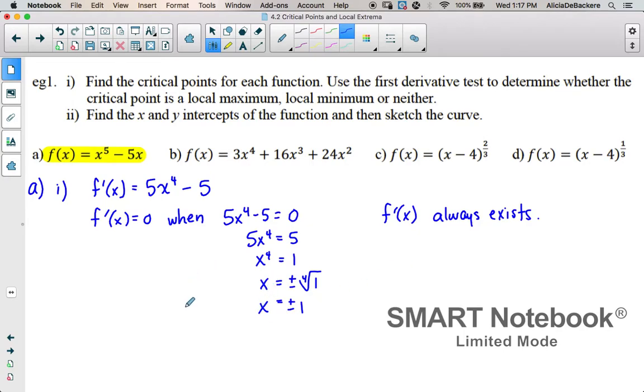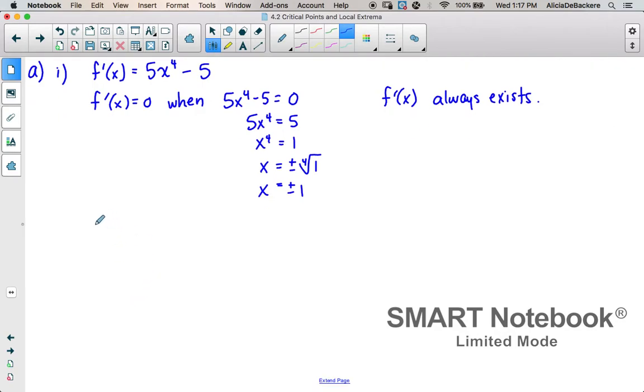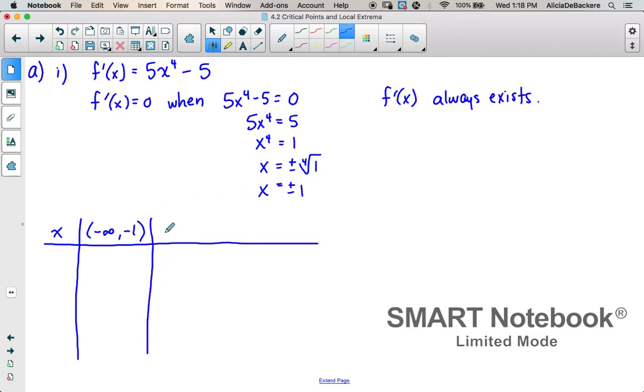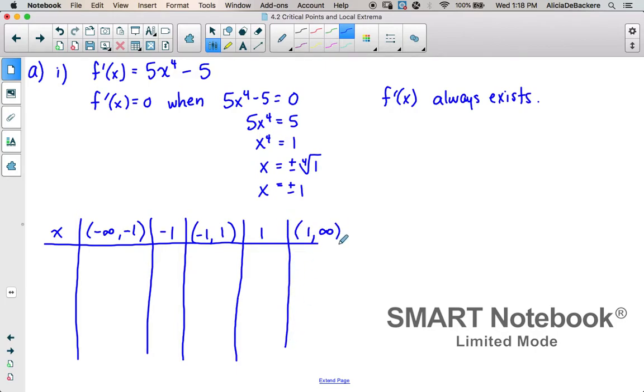And then I can go ahead and set up my interval chart. So across the top, again, I'm starting at -infinity, and I'm going to stop at -1 and at +1. So -1, so I just have to go through them in order, right?